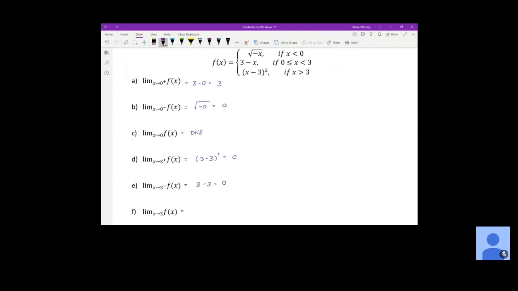Now if we look down here, the limit as x approaches 3 is going to be what? 0 also, because as long as the limit from the left and the right are the same, we know the overall limit is going to be that same value. Any questions on D through F?